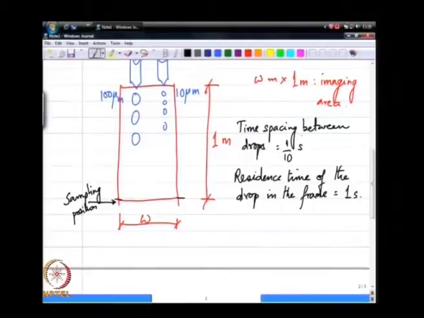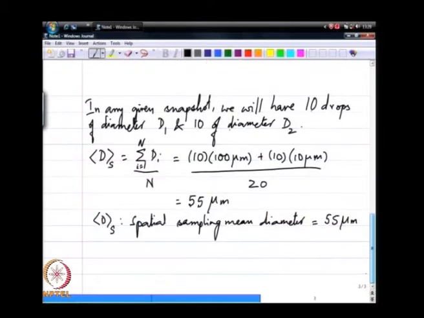I will call this cross section AA. Okay. I am going to measure. So, the next thing we will talk about is temporal sampling.